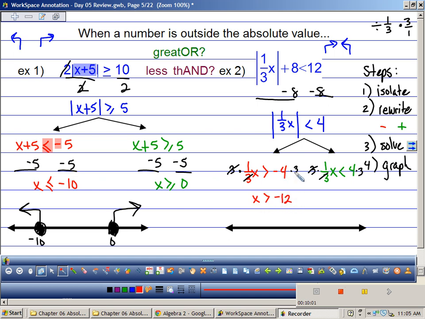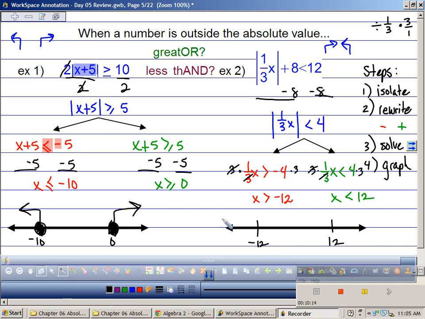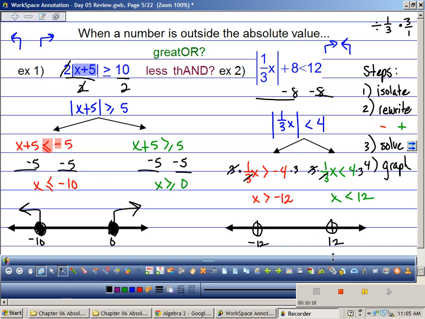Greater than negative, well, we're forgetting this 3, 12. And over here, x is less than positive 12. So I've got negative 12 and positive 12. Is this going to be including or not including? Not including. Open circle, right? X is greater than negative 12.